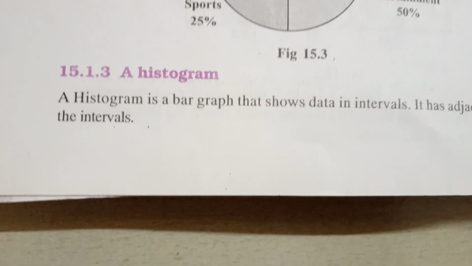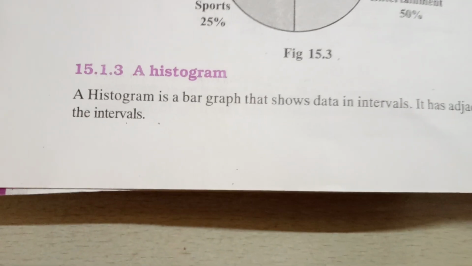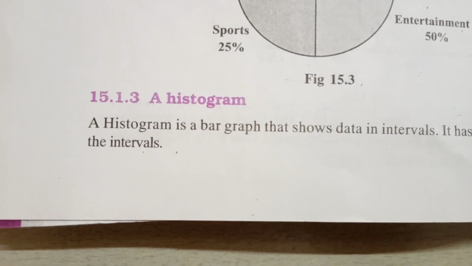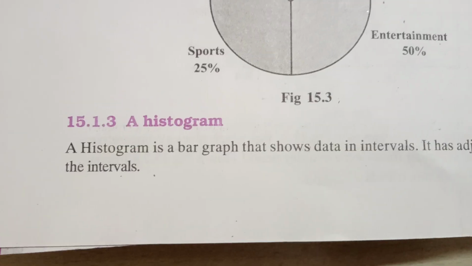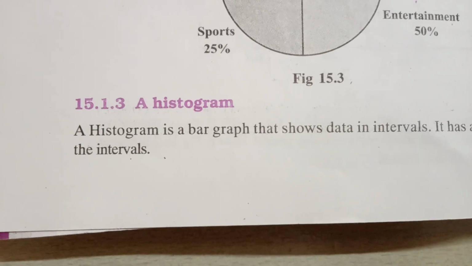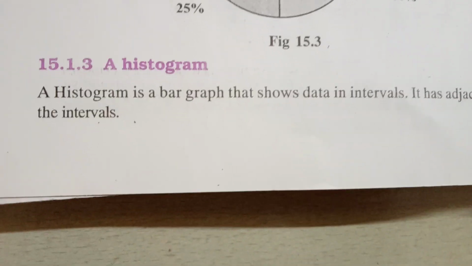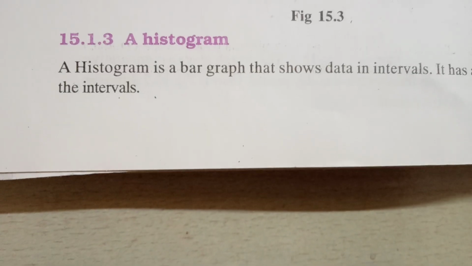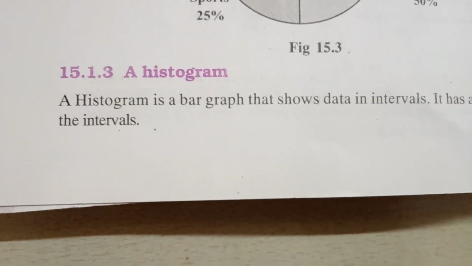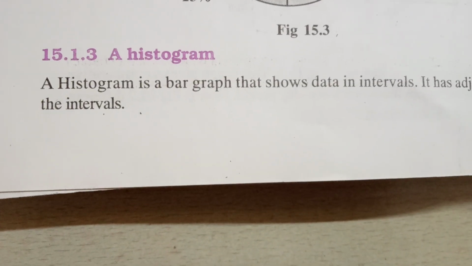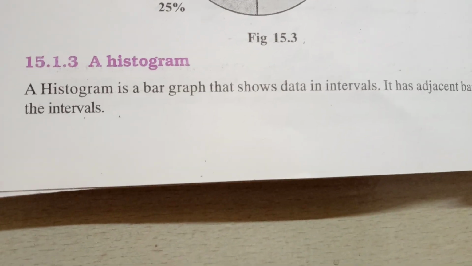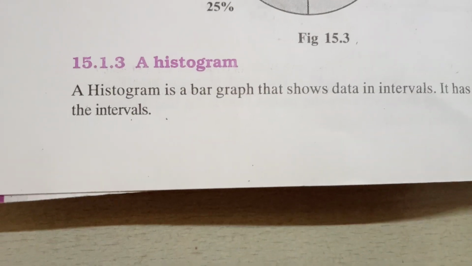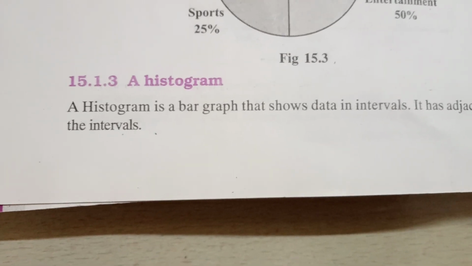And one more important point, while representing bar graphs, we can represent them horizontally as well as vertically, based on convenience. So a histogram is a bar graph that shows the data in intervals. It has adjacent bars over the intervals, that means no gap between the bars.